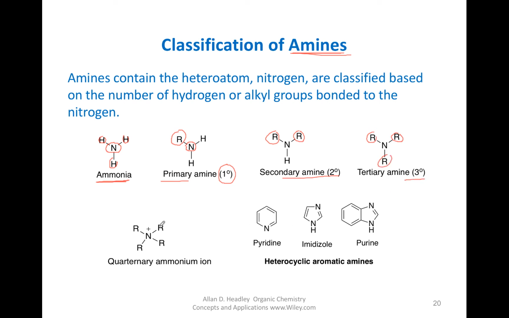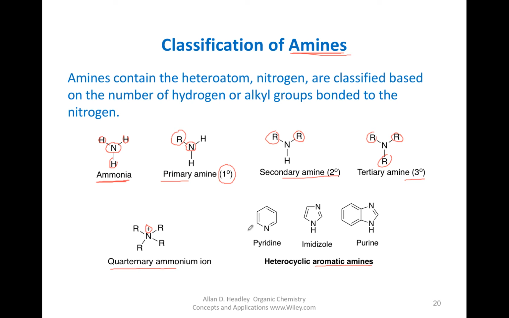It's possible to have 4 groups bonded to nitrogen, but then it becomes a cation, a salt, because it has a formal charge of +1, so that becomes a quaternary ammonium salt. It's possible to have nitrogen in the form of a ring that's aromatic, and we'll study that later on, but those are called aromatic amines.